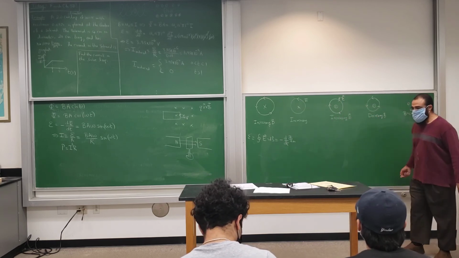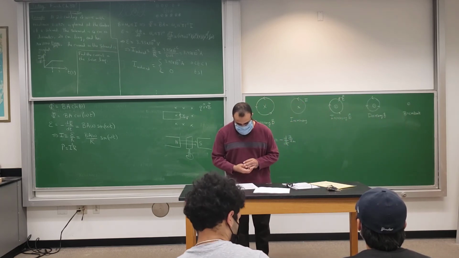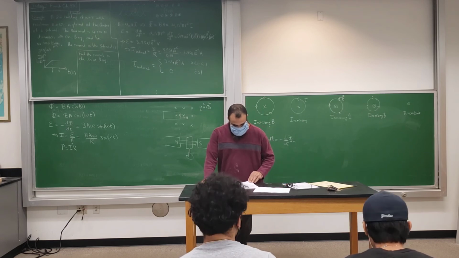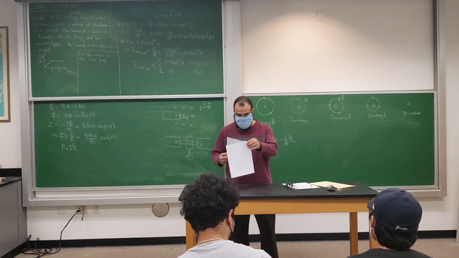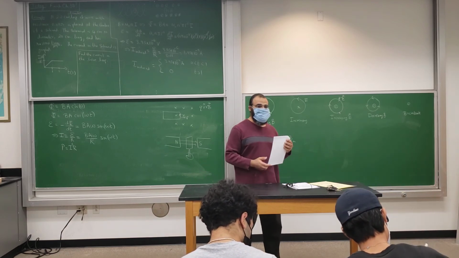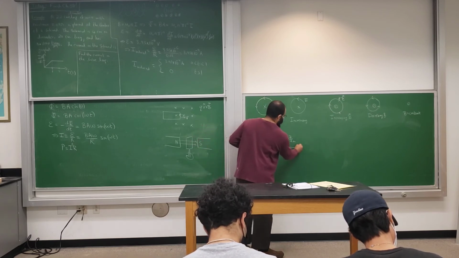Okay, so let us try to get some calculation. Suppose we have a solenoid, and I'm going to try to copy it correctly this time so I don't make an error with the numbers.